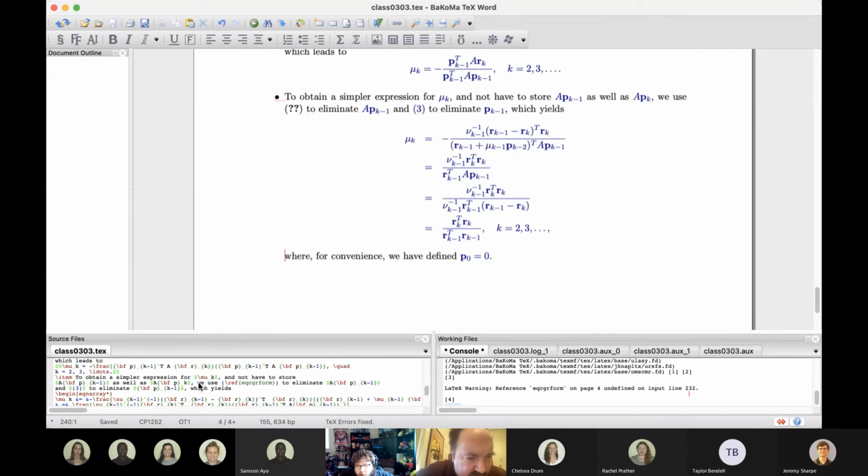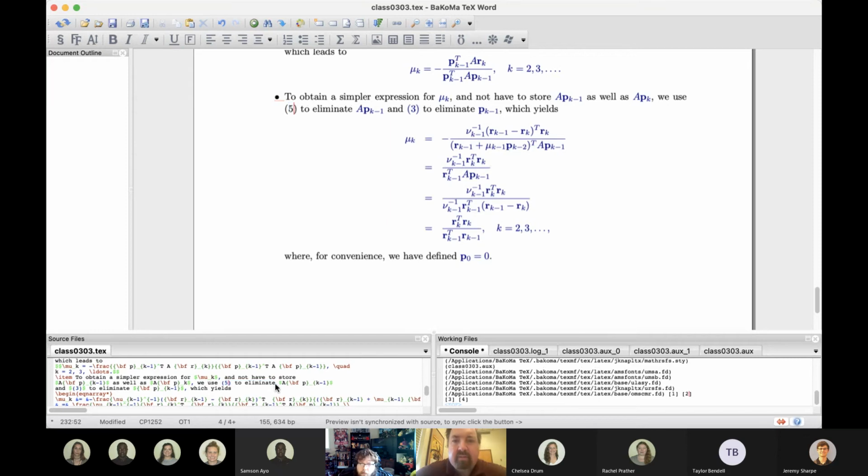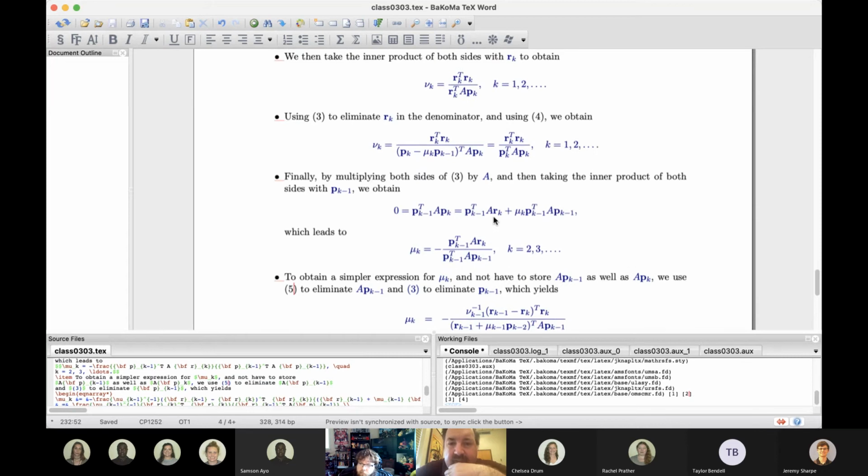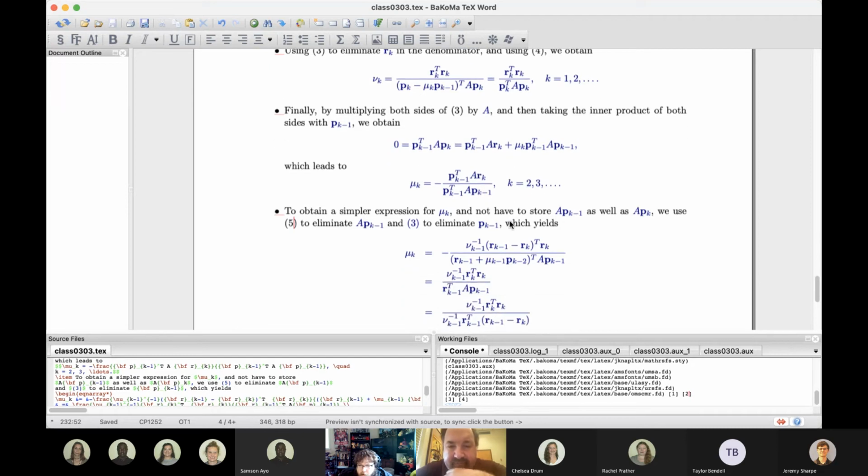All right, so if we look at the formulas we have now for mu_k and nu_k, I need A r_k, I need A p_k, and A p_{k-1}. So I need to multiply A by the residuals and the search directions. That means I need 2 matrix-vector multiplications per iteration. I want to see if I can get away with just 1 matrix-vector multiplication, because that's going to be the most expensive operation that we need.